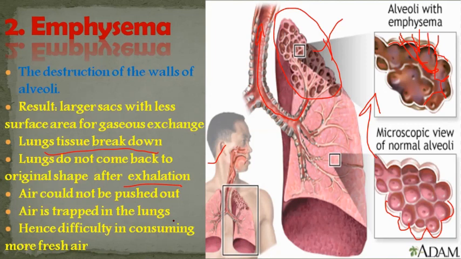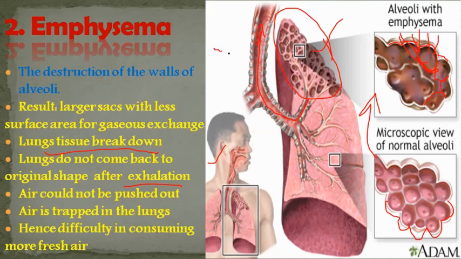For example, carbon dioxide or oxygen is there, so oxygen cannot be pushed into the capillaries, and carbon dioxide cannot be released out properly. So there is difficulty in taking in more fresh air. If air is trapped inside, it means more carbon dioxide is there.